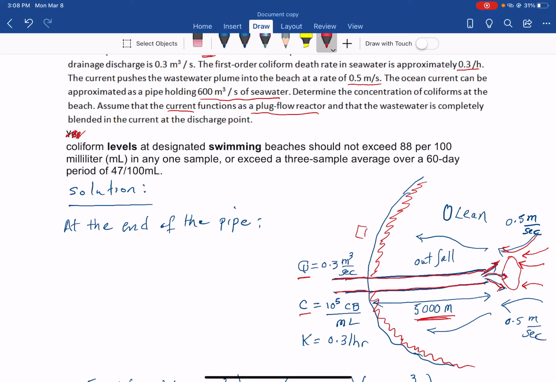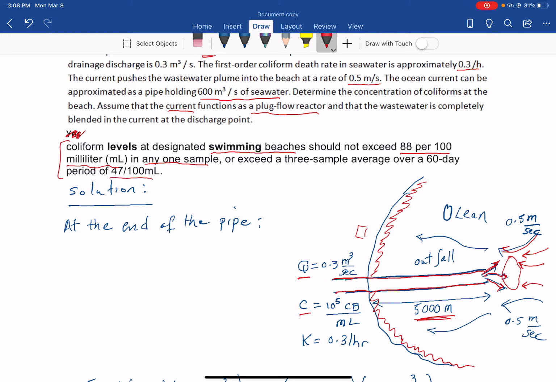The coliform level at designated swimming beaches, this is from the US EPA, should not exceed 88 per 100 milliliter in any one sample. So this is the standard. If it's above 88 per 100 milliliter, we could not assume that you could swim at this beach. Or it should not exceed a 3-sample average over a 60-day period of 47 per 100 ml.